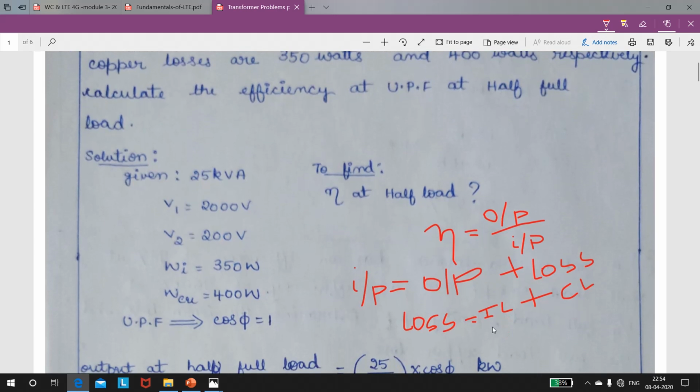I have already told you iron loss is constant, so it doesn't depend upon the type of the load. What about the copper loss? Copper loss is a variable loss, so it depends upon the type of the load connected.